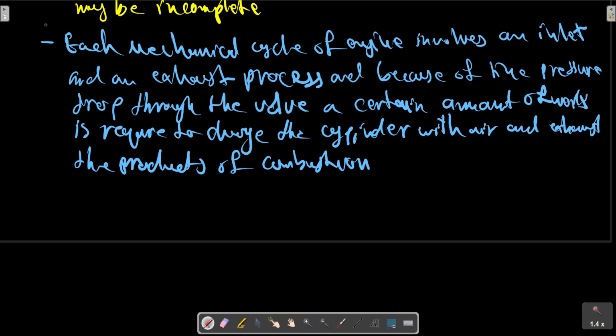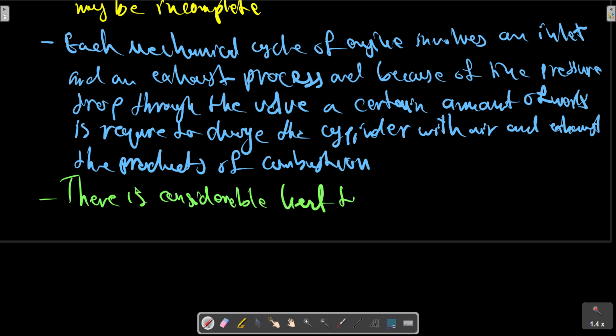There is considerable heat transfer between the gases in the cylinder and the cylinder wall.